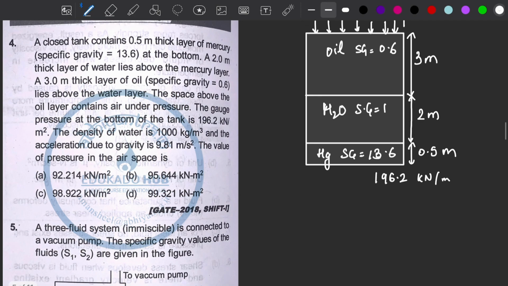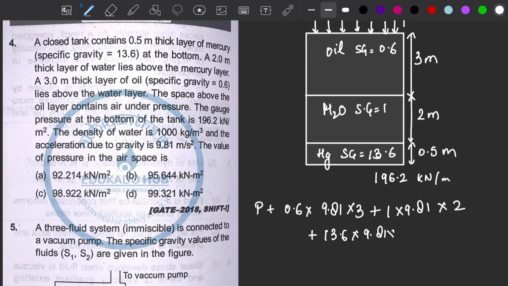So we can say that pressure at P plus your oil pressure will be rho g h, specific gravity 0.6, g 9.81, and h, height is 3, plus H2O, which is specific gravity 1 into 9.81 into height 2, plus your Hg, which is specific gravity 13.6 into 9.81 into the height 0.5, and that is equal to 196.2 kilonewton per meter square.